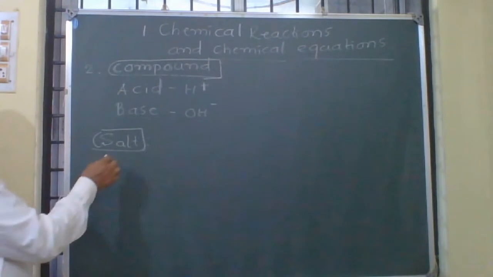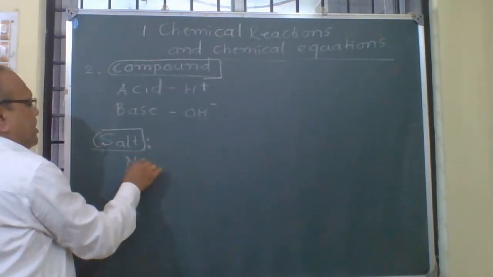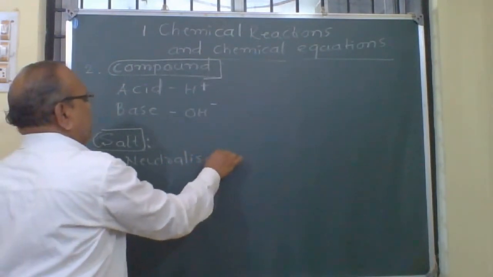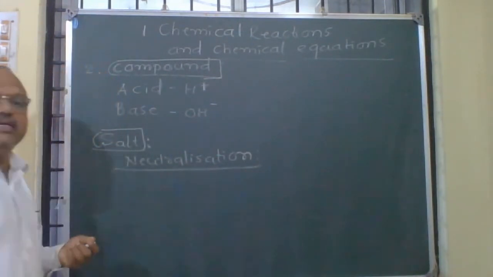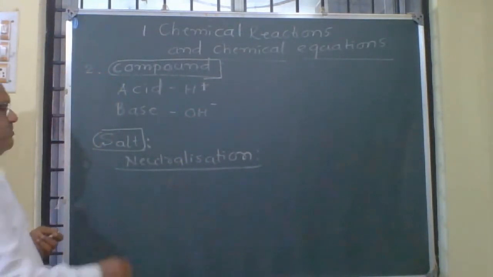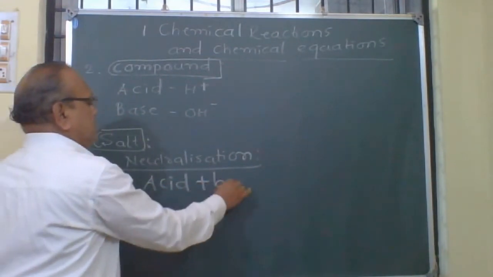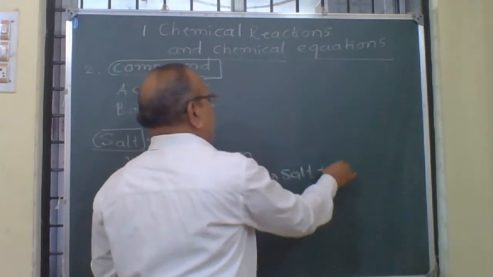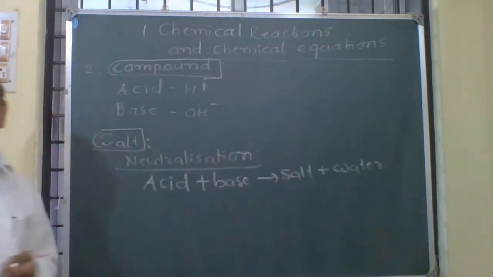A very simple, basic reaction, which we call a neutralization reaction. I think you studied this reaction as early as the 7th standard. Whenever an acid reacts with a base, you get salt and water. The reaction is called a neutralization reaction.